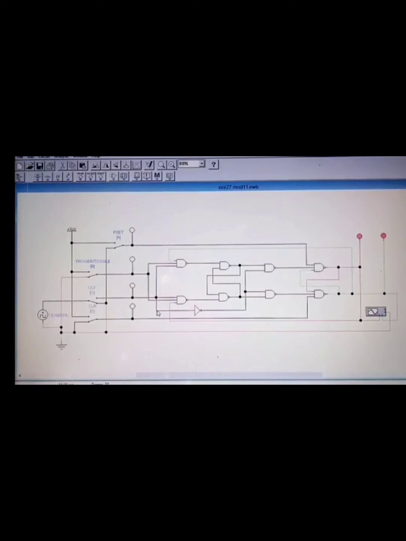And lastly, if we turn off both the preset and the clear, both outputs of the Q and the Q prime do not blink. So it means that the result is inappropriate, wherein Q prime should always be the inverse or the complement of the Q. But in this case, the Q prime does not invert the Q.